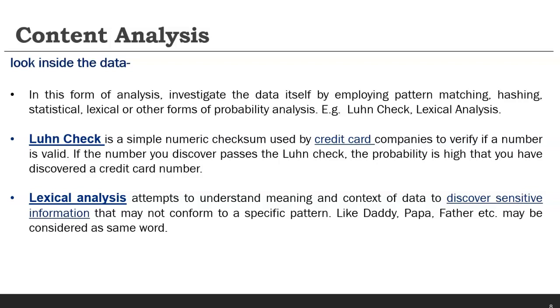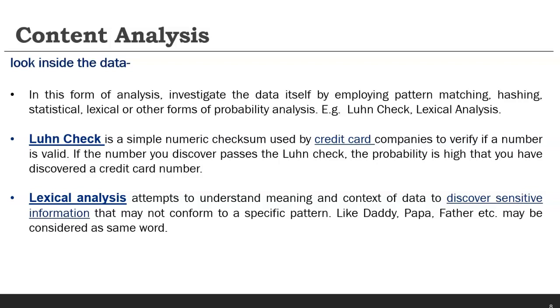So it is a smart way of analysis where the synonyms or semantics between the words are identified. Let's say I search for father, there can be papa, daddy, or any other ways the same word can be spelled. If those words also appear, it can identify them. So lexical analysis and the Luhn check are very important from an exam perspective. I have seen one example question in my exam on the Luhn check.